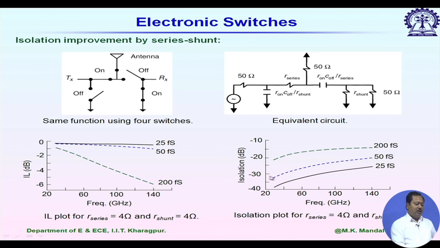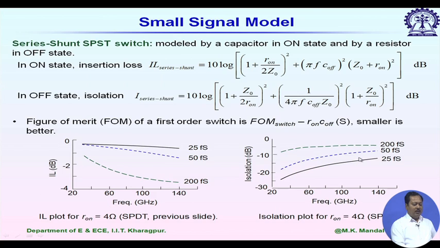Now look at the isolation values. For 200 femtoseconds at 140 gigahertz we have at least 15 dB isolation. But in the previous case, for 200 femtoseconds, the isolation is less than 5 dB at 140 gigahertz.